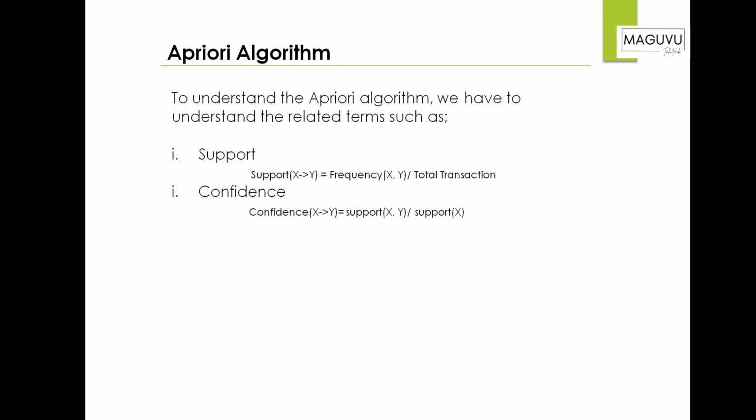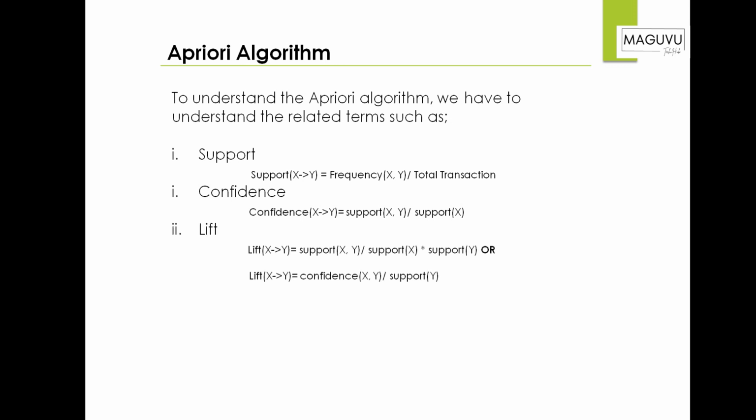The other term we have to understand is the confidence. The confidence of X and Y is support of X and Y divided by support of X, or divided by the antecedent.